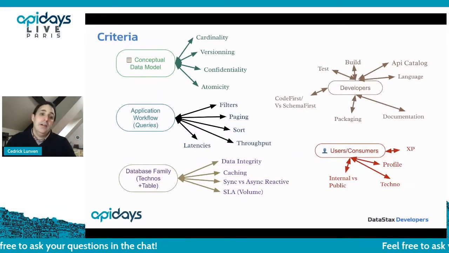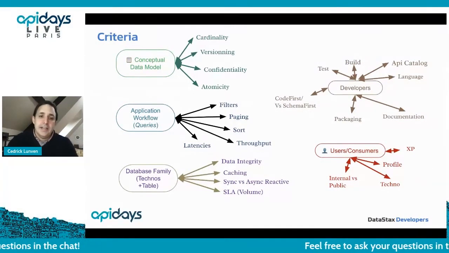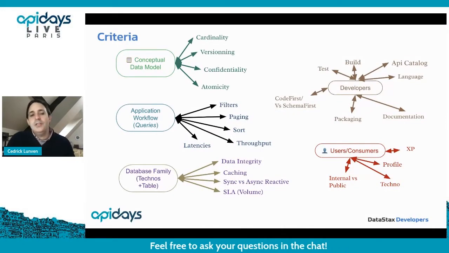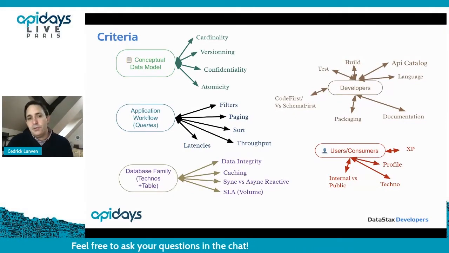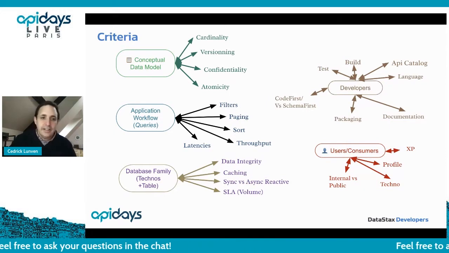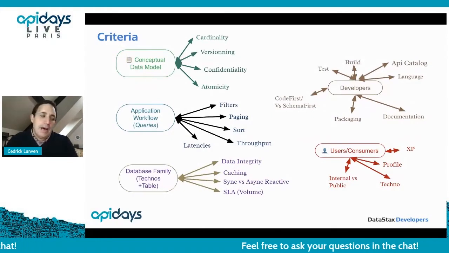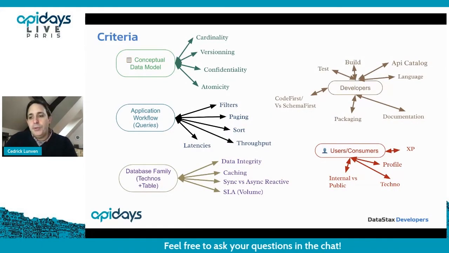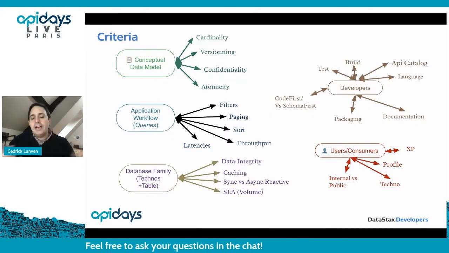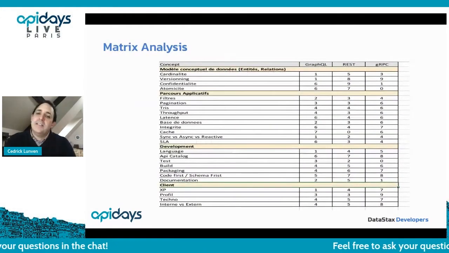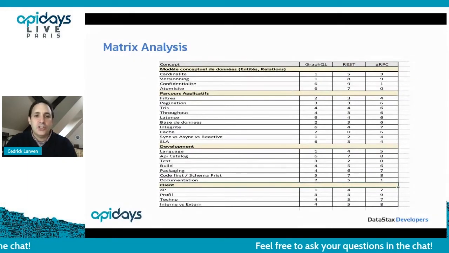How do you choose? If you are an architect in a big company, you can ask for budget to run a study for 3 months, and get a lot of criteria: cardinality, versioning, filtering, paging, and everything you can think about. Build the same API in the 3 languages, put some weight, do the matrix analytics, what is better each time.